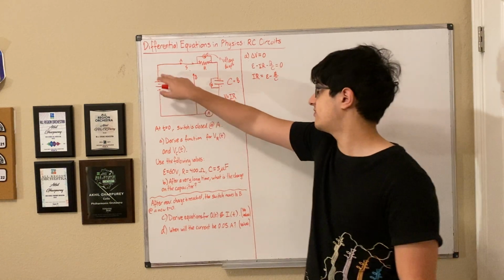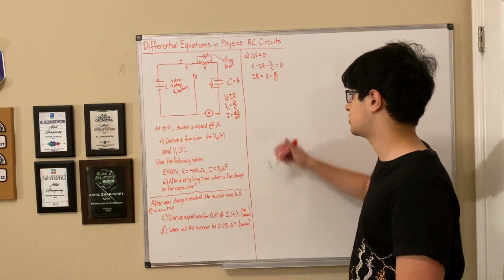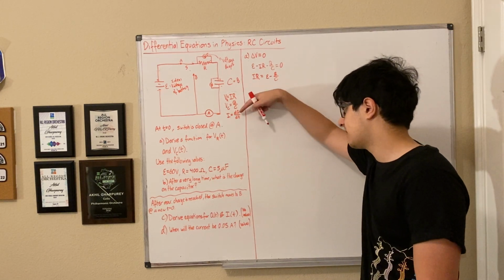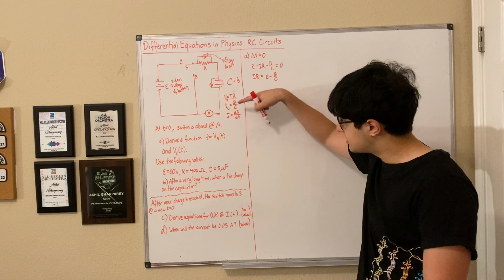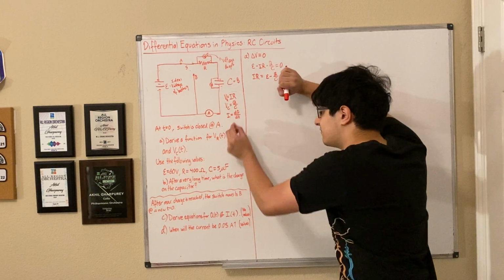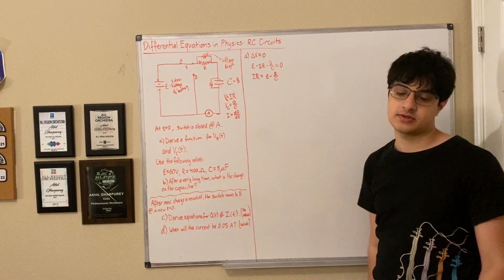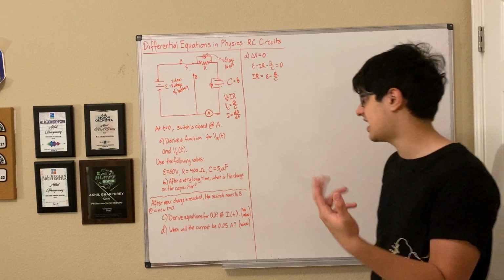It's pretty much just how fast the charge flows through the circuit, how much charge is flowing through the circuit. So, therefore, I is the derivative of charge with respect to time. Essentially, this is an infinitesimally small change in charge over an infinitesimally small change in time.